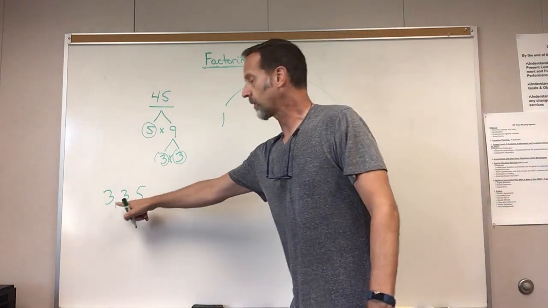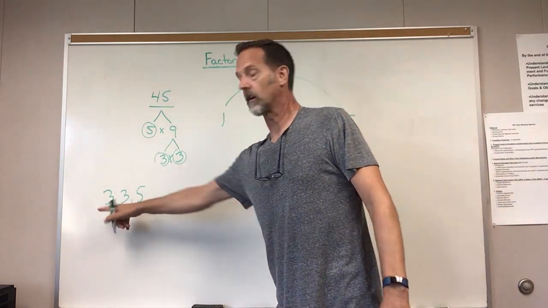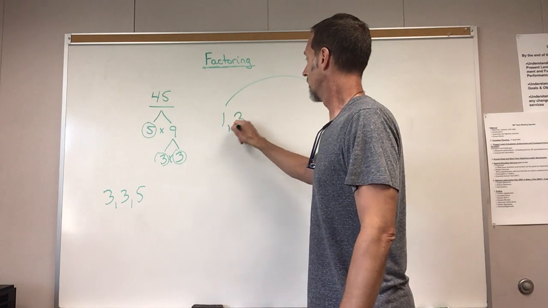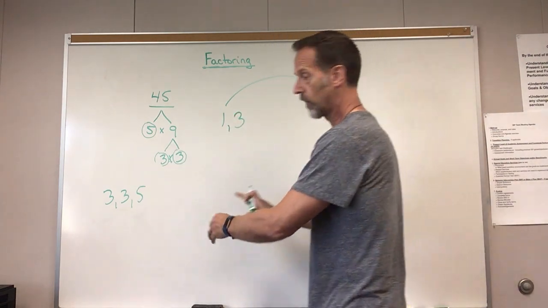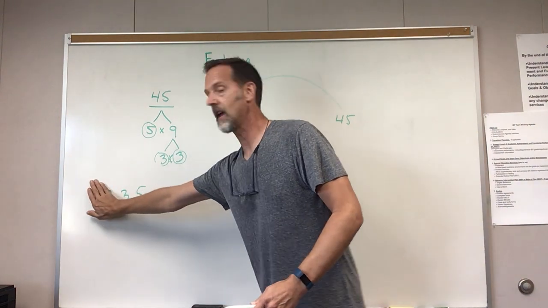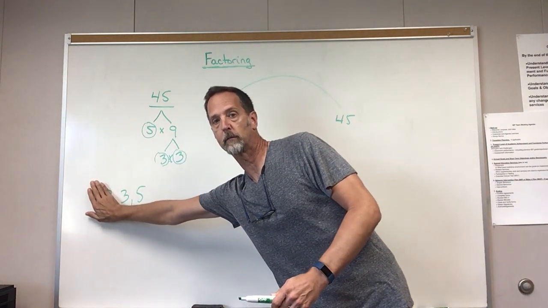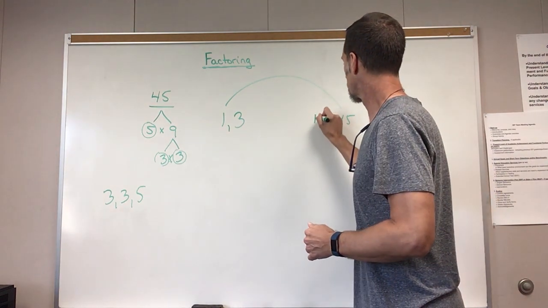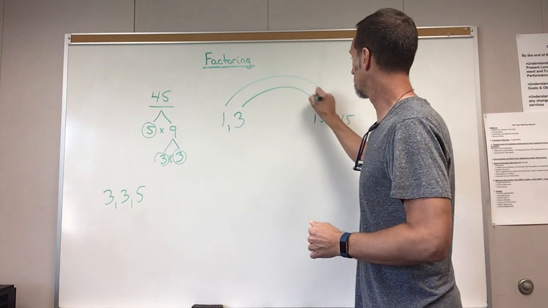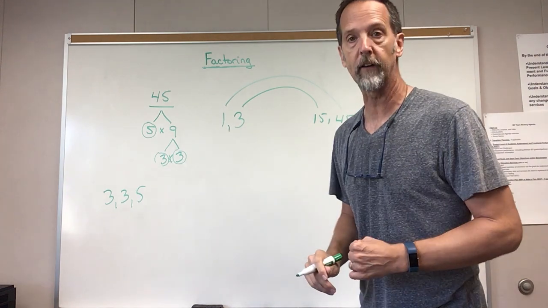No. Do I have a 3 in my list? I do, right here. Now, how do I find the other number? Cover the 3 and multiply the other numbers. 3 times 5. What's 3 times 5? It's 15. So 3 times 15 will equal 45.